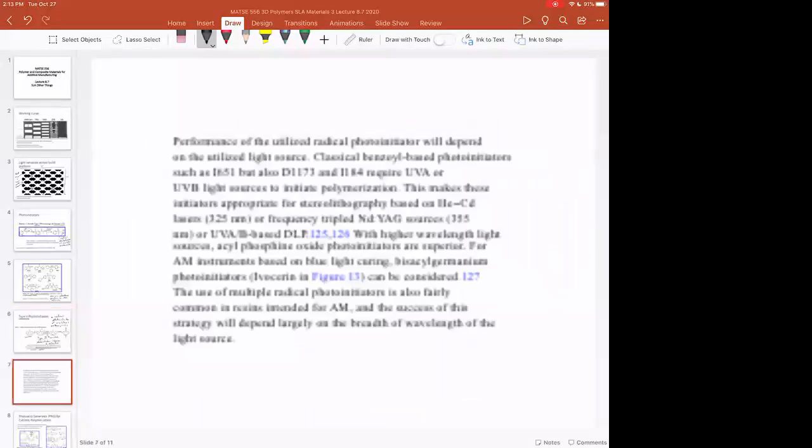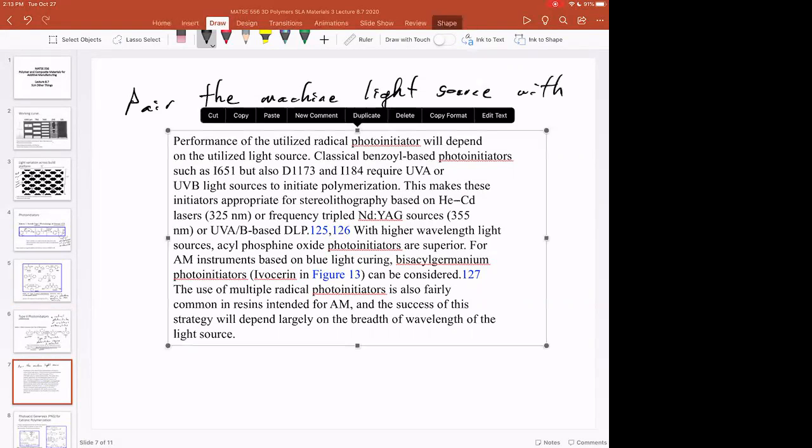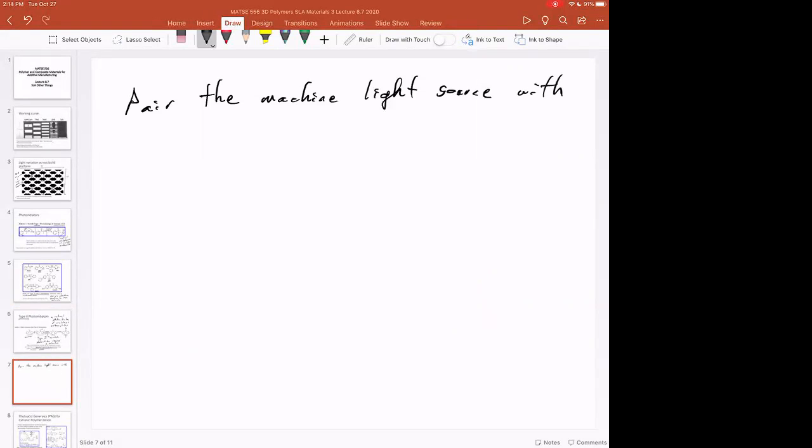Great. And so you need to pair the machine light source with the, whoops, oh, that's not good.